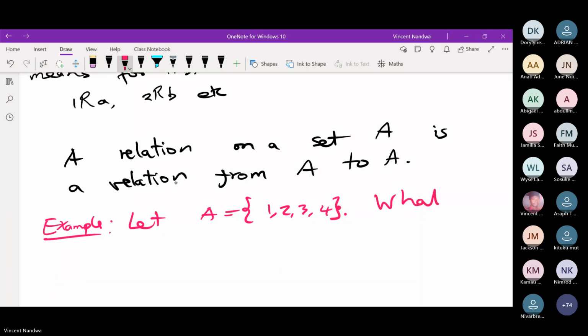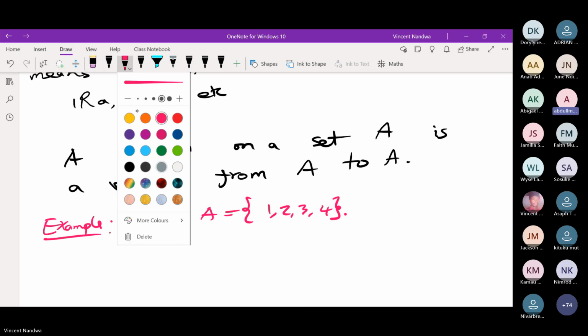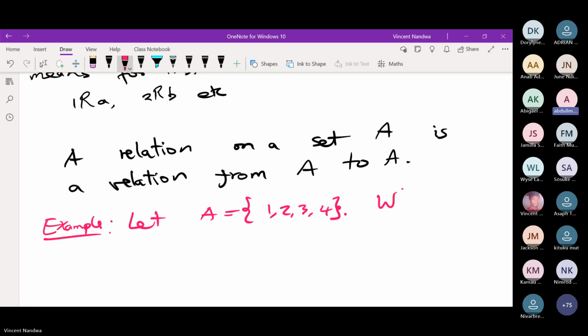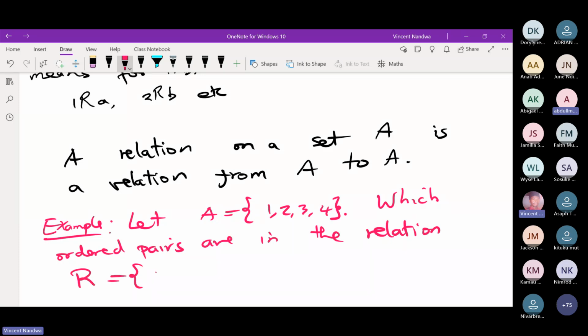which ordered pairs are in the relation R such that the elements of this relation are (a, b), and a divides b.